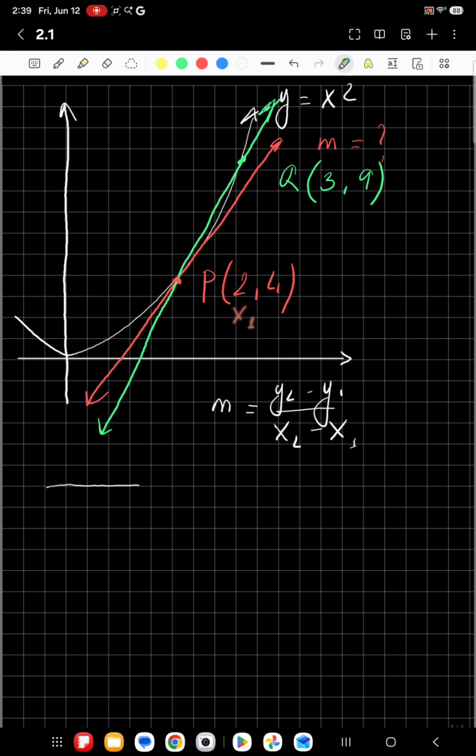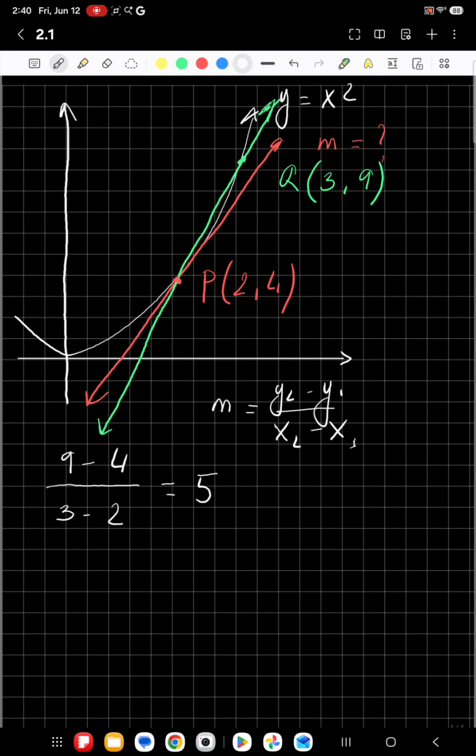I'm not writing those letters, just to keep everything clear. Let's put the numbers in. y2 was 9, y1 was 4, so it's 9 minus 4, and the bottom is 3 minus 2. What we get is 5 divided by 1. That's 5.